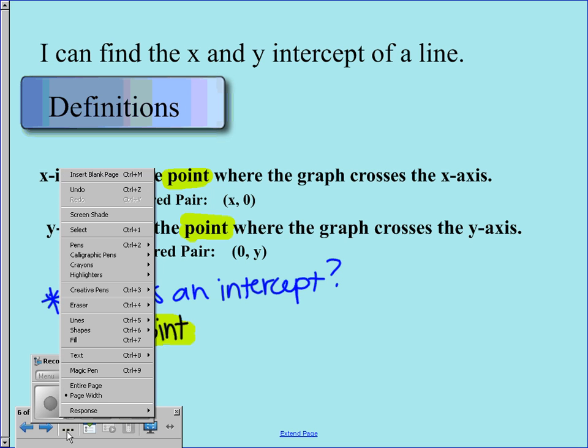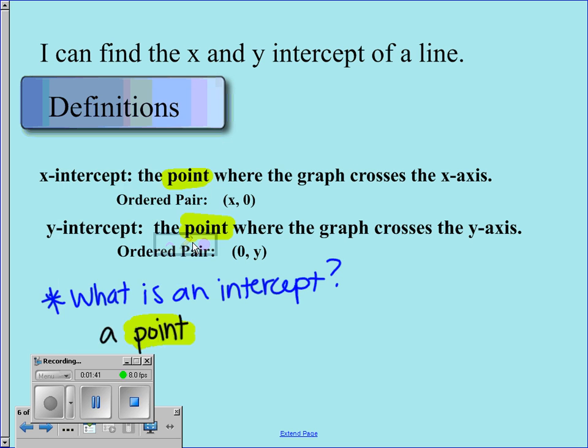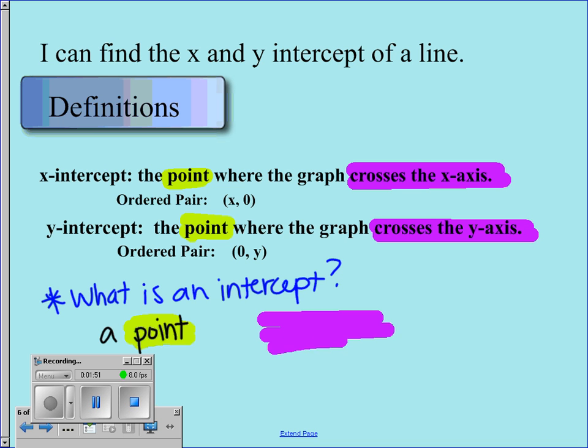If we read further into the definition, we know it's where it crosses the x-axis or where it crosses the y-axis. So it's a point where the line crosses the axis, either the x-axis or the y-axis.